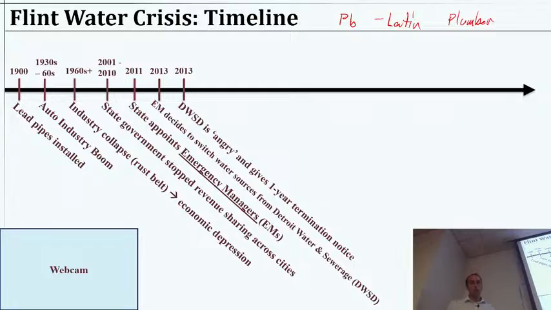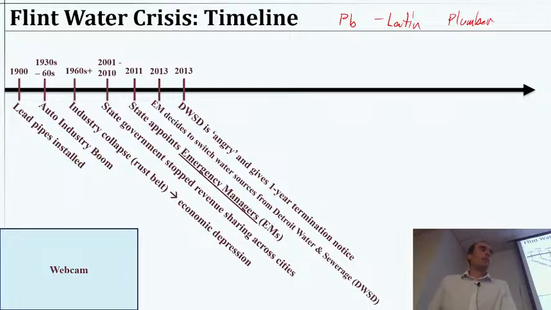So also in 2013, the Detroit Water and Sewerage Department is a little upset that Flint just decides to cancel the contract. Perhaps didn't consult them. I don't know exactly what the drama was, but they decide, okay, well, if that's what you're going to do, you have 1 year until we're going to disconnect you. Okay, so they give them a full year to adapt.